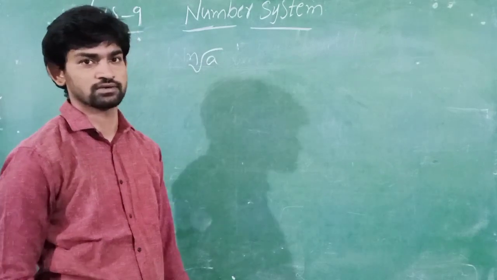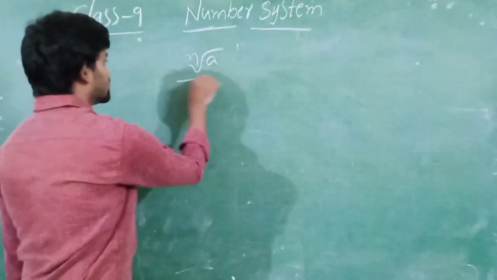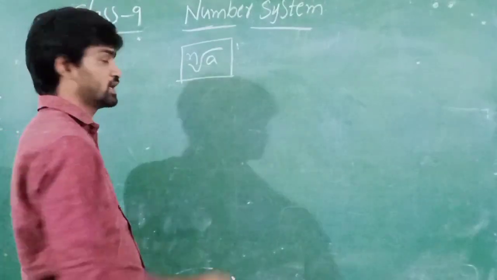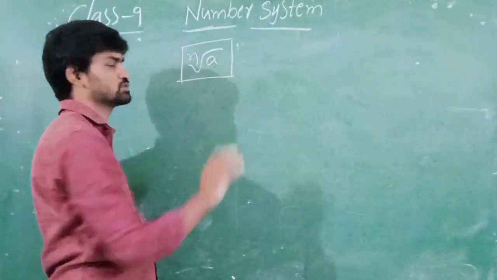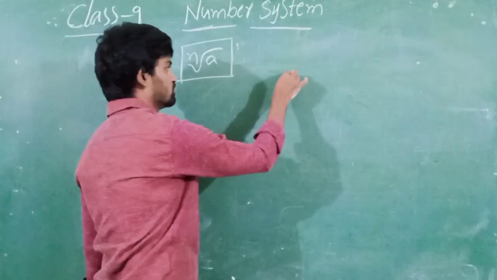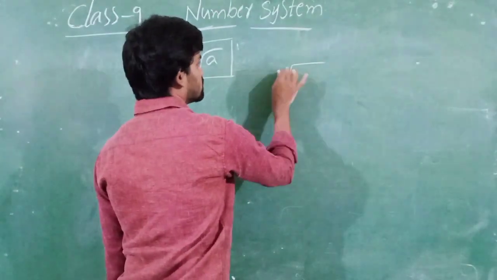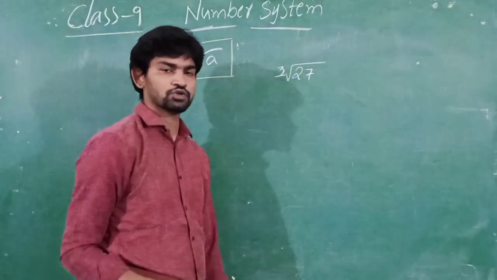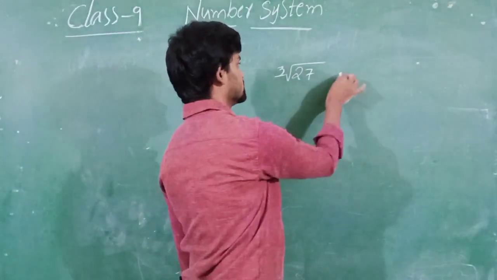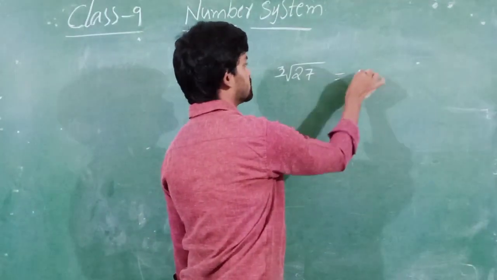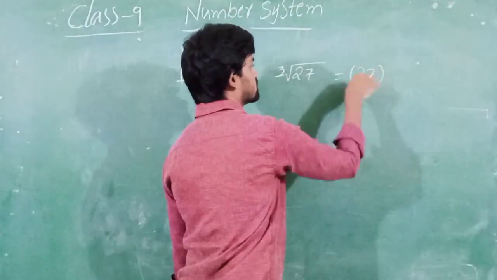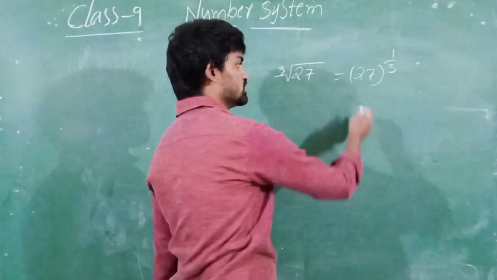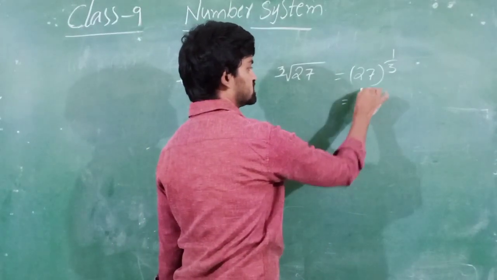It is also called a radical. Okay. Now, any number which is in the form of nth root of a, a's power should not be equal to n. If you got cube root 27, see here, it means 27 power 1 by 3. Here 27 is a perfect cube, that is 3 cube.